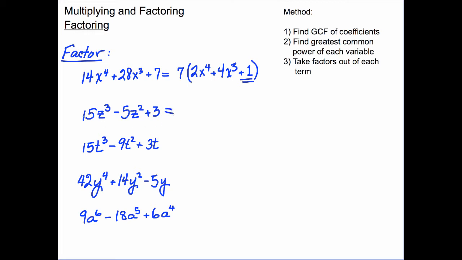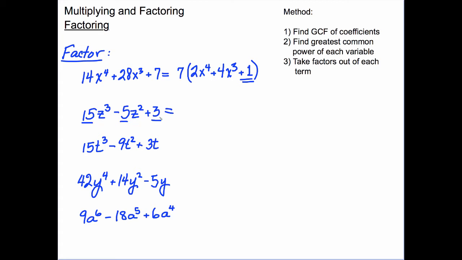Second example. Let's take a look at these 3 numbers and see what the common factor is. Now, there is no factor that's common to all 3 of these numbers. 5 is not a common factor, 3 is not a common factor. So there is no common numeric factor.